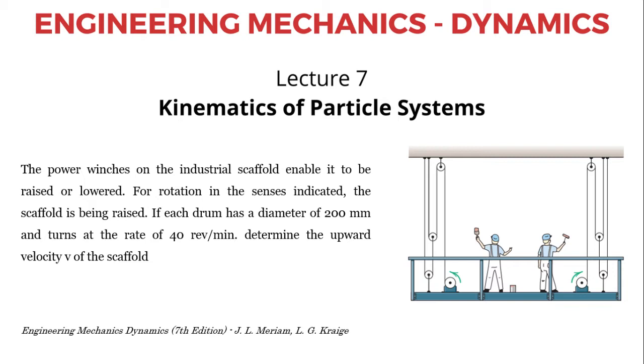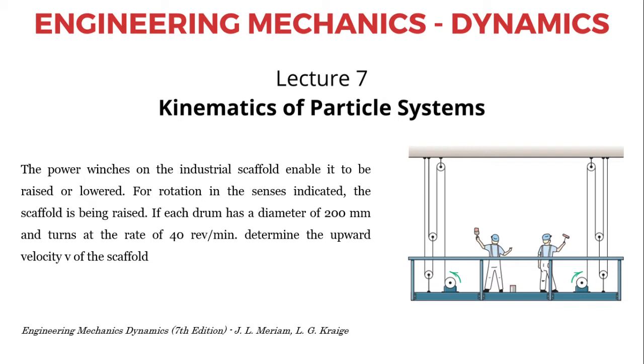If you look at the figure closely, you can see that there are 2 systems of pulleys here, which are used to raise the scaffold or platform. Both these pulley systems are identical. Due to the rotation of the drum in the direction shown in the figure, the scaffold will rise.